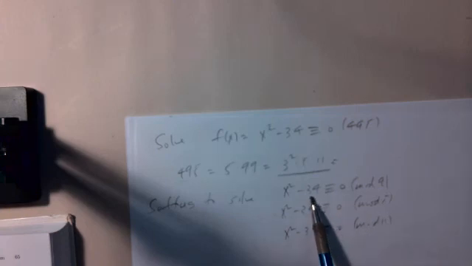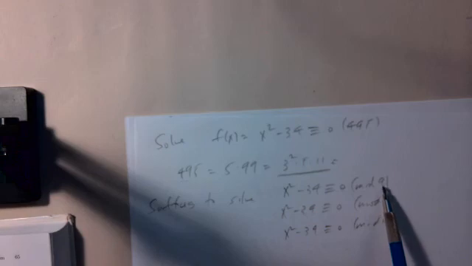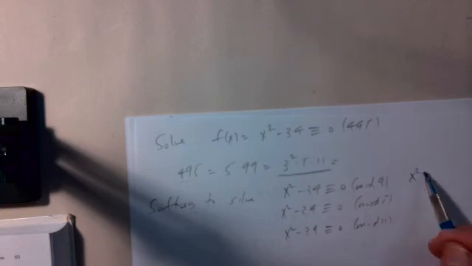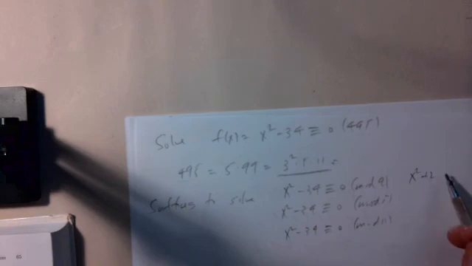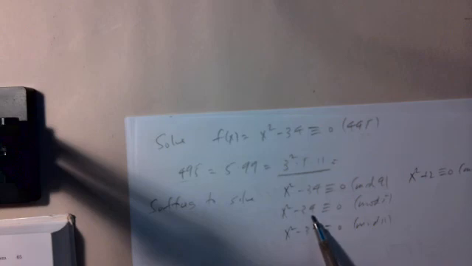Of course, 34 is the same as minus 2 mod 9. So this is the same as x squared plus 2 congruent to 0 mod 9. Minus 34 is 1 mod 5.